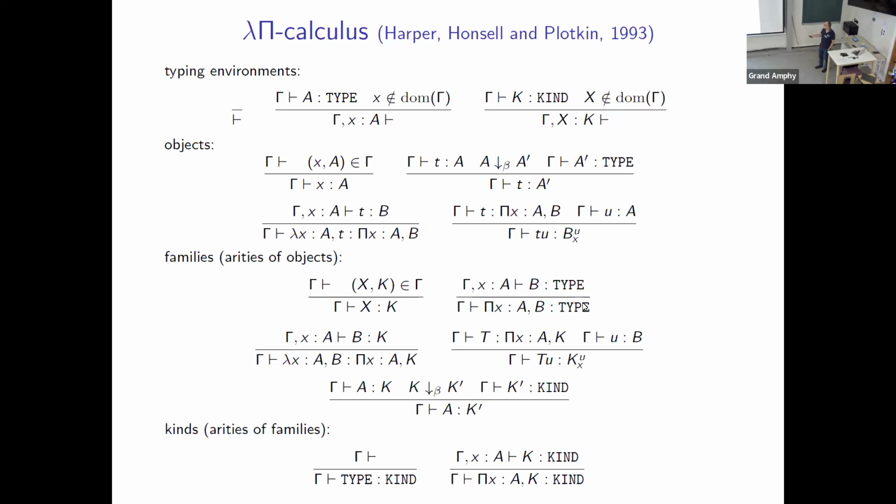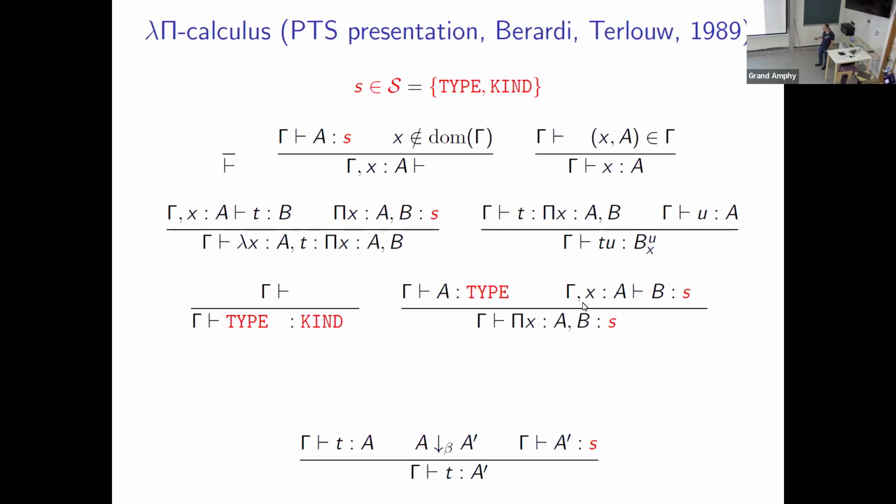But you can also see that there are many similar rules. Okay, so actually we can factorize these rules, and this gives another presentation, which is called the PTS representation, which is due to Berardi and Terlouw at the end of the 80s.